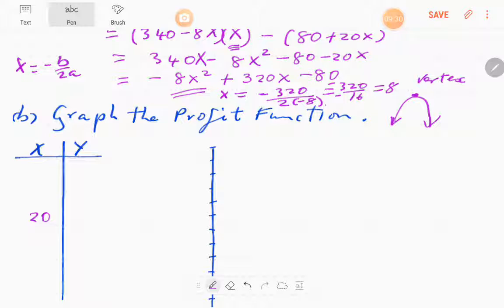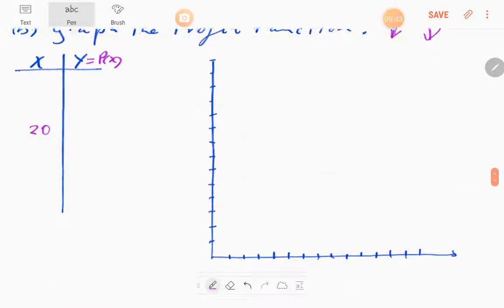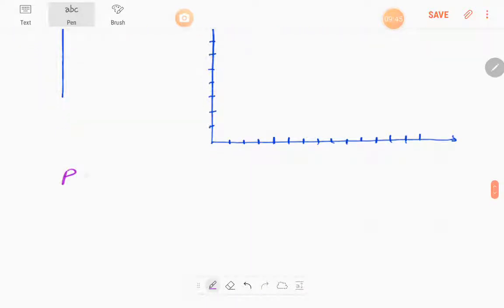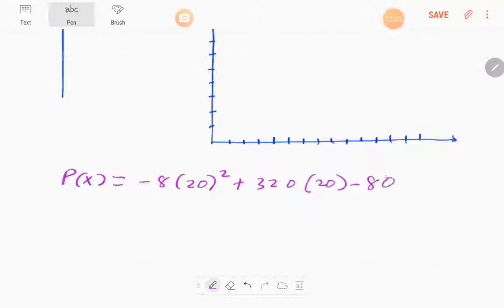All right, so I like to put that x value in the middle. And we could go ahead and calculate the y value. The y value is the profit. X is the number of units that are going to be sold. So if we put into that function p of x a value of 20, we'll have minus 8 times 20 squared plus 320 times 20 minus 80.